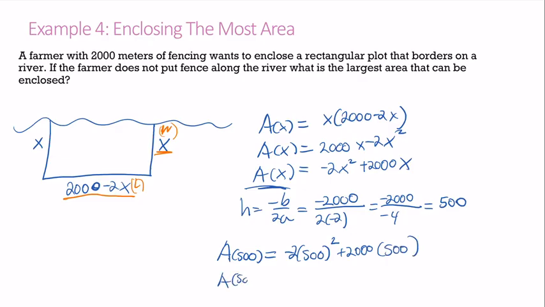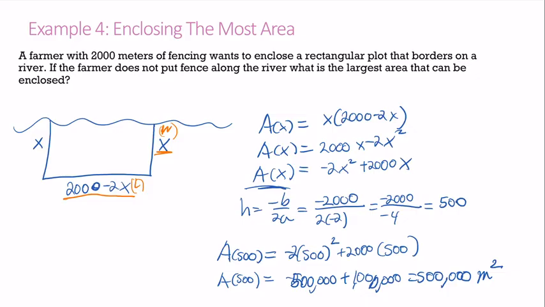So A of 500 equals negative 2 times 500 squared, that gives me negative 500,000, plus 2,000 times 500, so plus 1 million. So the maximum area would be 500,000 meters squared.